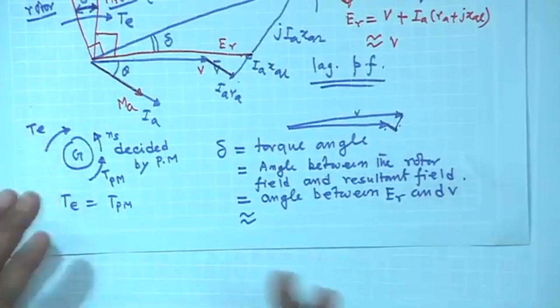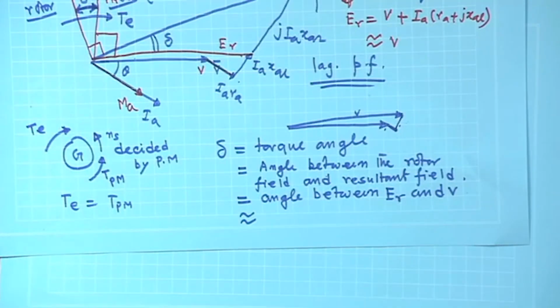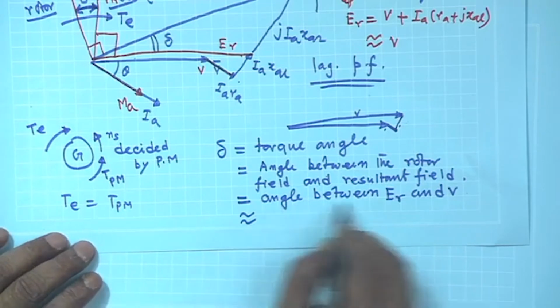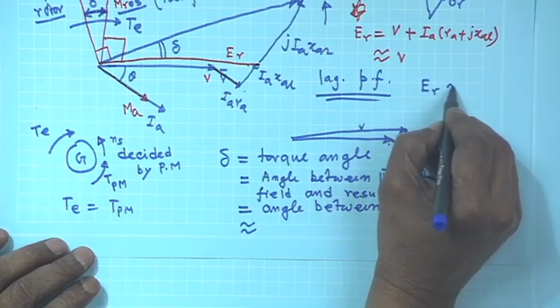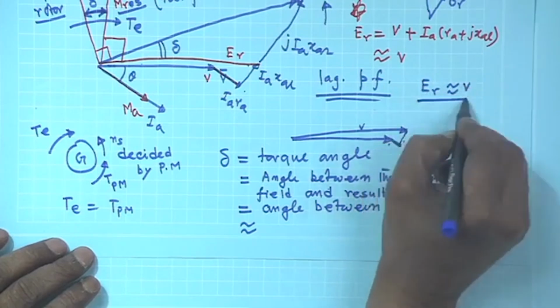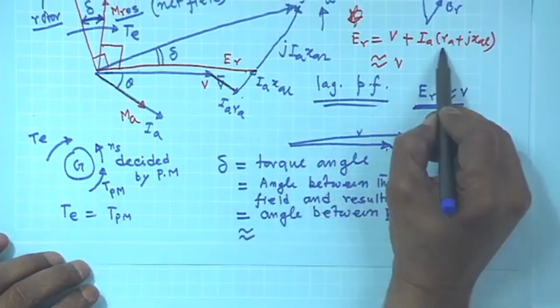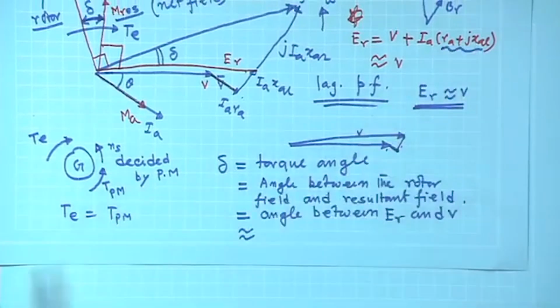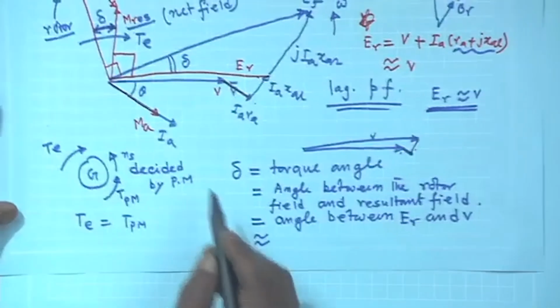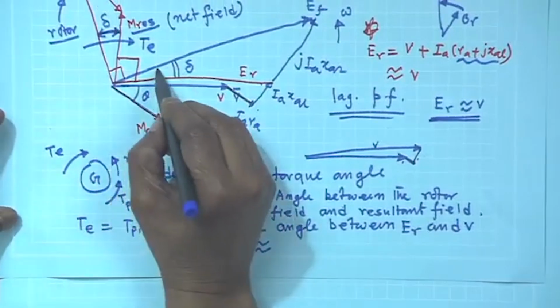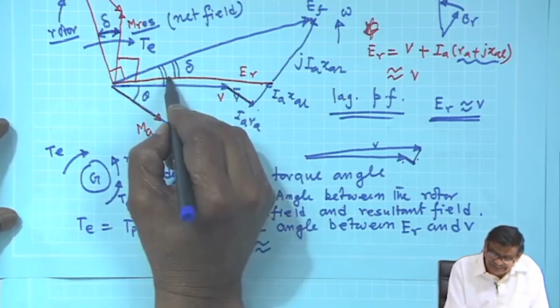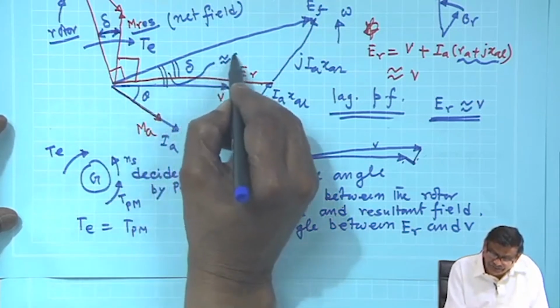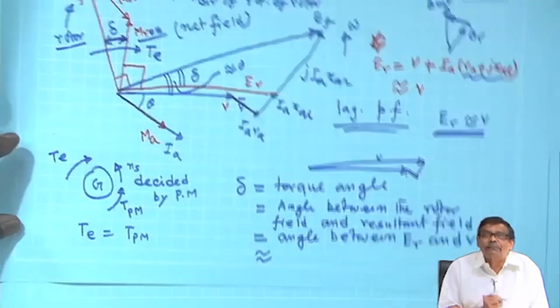You must understand, whenever you do approximations, this can be done in the sense that since E_R is approximately equal to V, because the leakage impedance drop is small, sometimes this delta will be very nearly equal to this angle as well. This angle is also very close to delta, only this small part.